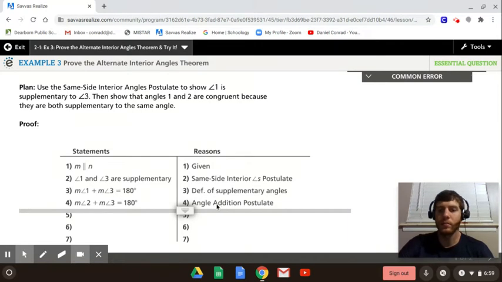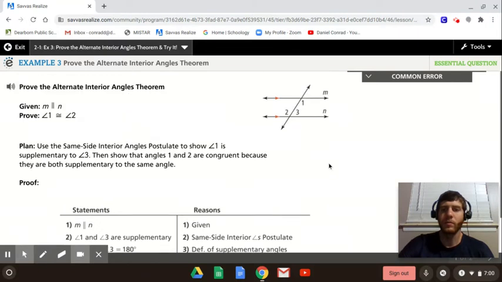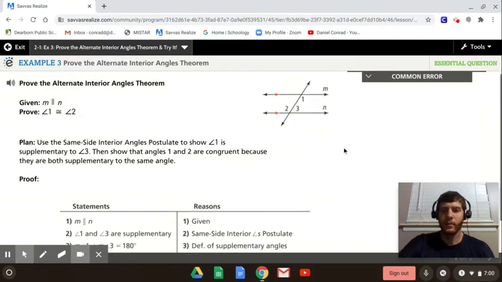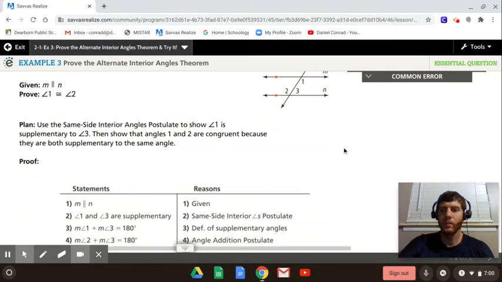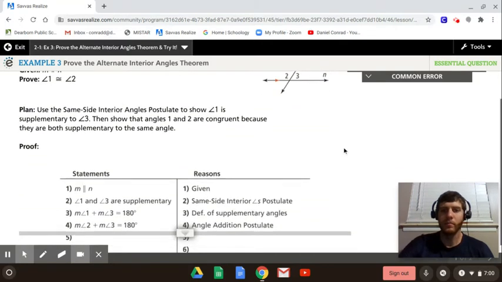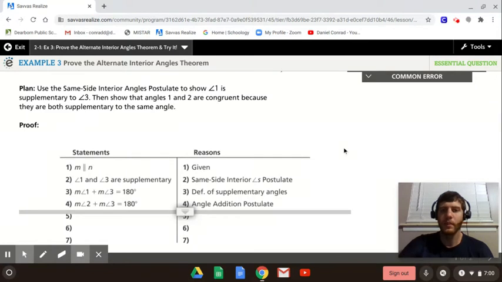The linear pair theorem is much better than what they have here. They have the angle addition postulate. The angle addition postulate does not tell us that it adds up to 180, though. We would have to first state that there's a straight angle. So I don't really like that. The linear pair theorem tells us if 2 angles are a linear pair, then the measure of their angles adds up to 180.